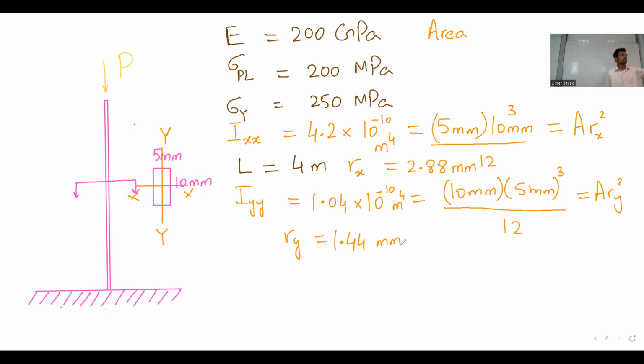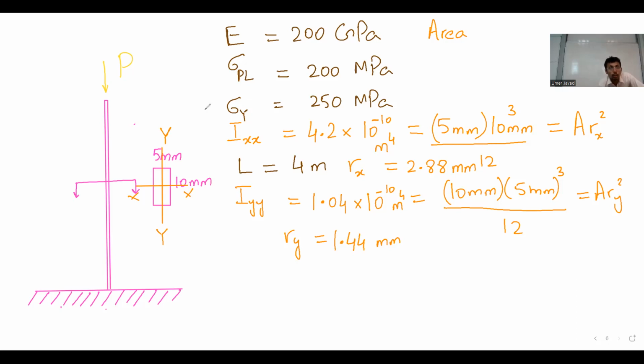BH cube by 12, one is power 3, one is power 1, then area has power 2, so eventually it came out to be half. So you also have this 1.44 millimeter and 2.88 millimeter. My point is just double check that all of you are using the same units. If I was converted into meter, then area should be converted into meter, and then you should convert everything into millimeters. As long as everyone says that they are fine.